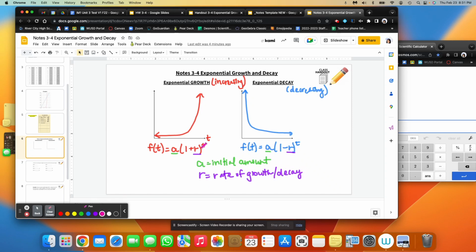And then t in this formula represents the time, which could be years, months, whatever the problem is. f of t is our dependent variable. So on our y-axis for both these situations, this is going to be f of t, and same thing with this one, f of t.